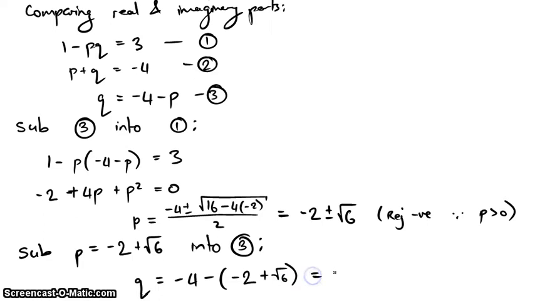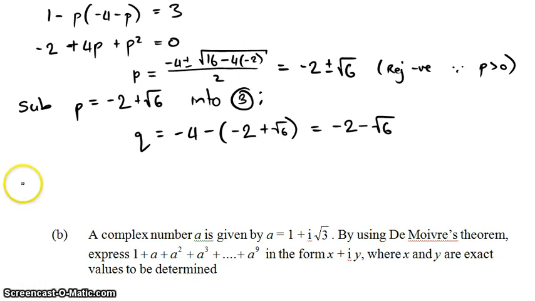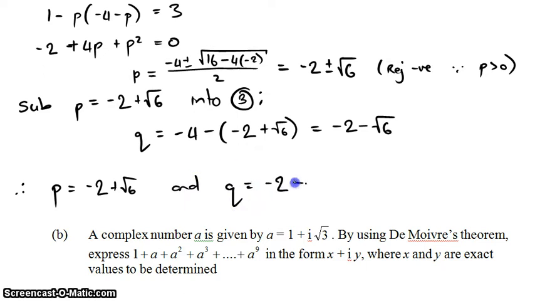And so this is equal to minus 2 minus root 6. And so that's my answer for p and q. Therefore p is equal to minus 2 plus root 6 and q equals minus 2 minus root 6.